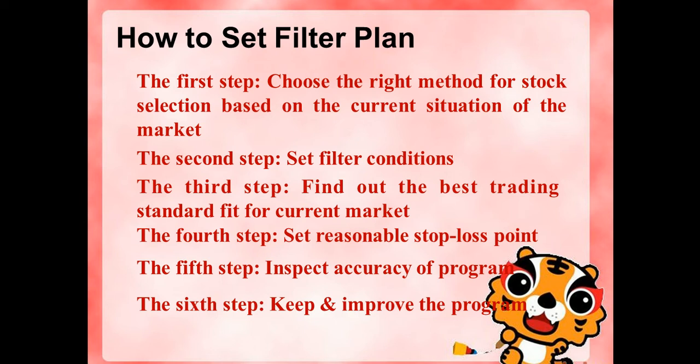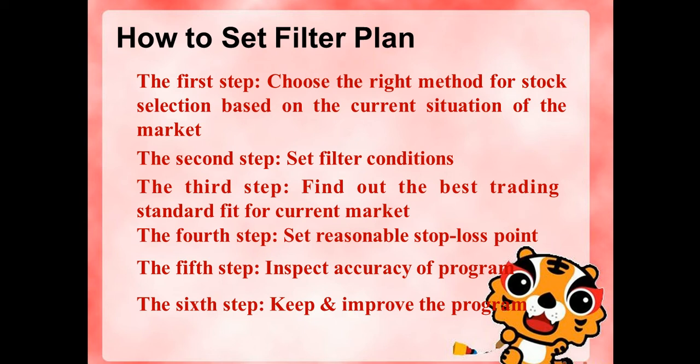The second step, set filter conditions. So how to set the filter conditions in the Homely software. Then the third step, find out the best trading standard fit for the current market. Then the fourth step, set a reasonable stop loss point. Then the fifth step, inspect the accuracy of the program.